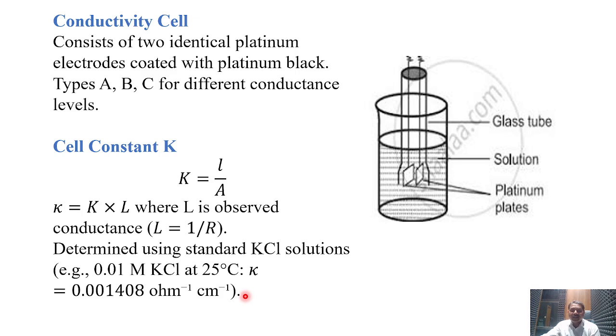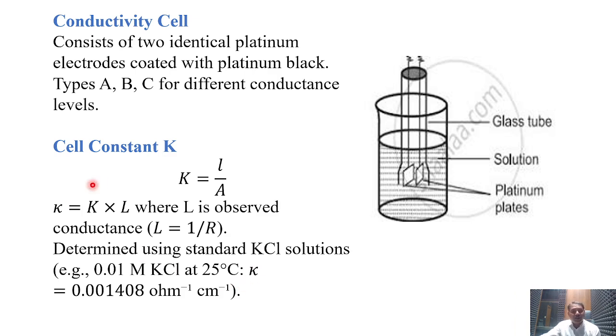Specific conductance of KCl has different fixed values at different temperatures. From the literature we get these KCl values, ranging from 25 degree to 38 degree centigrade. So as per the temperature, we can use that particular value of specific conductance of KCl to determine the cell constant.